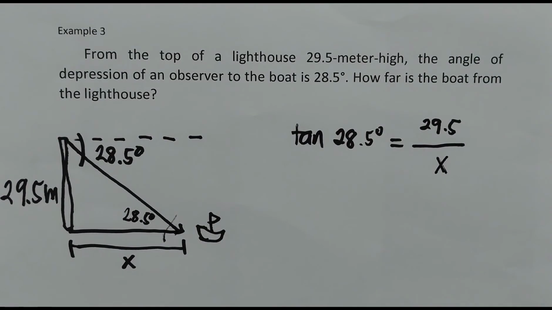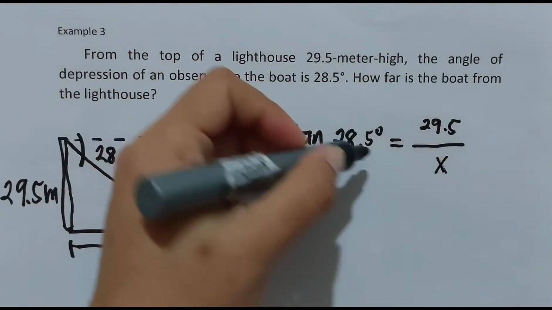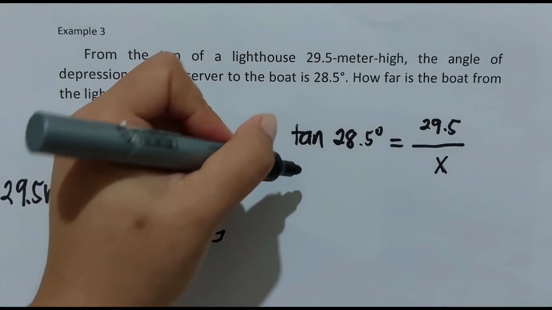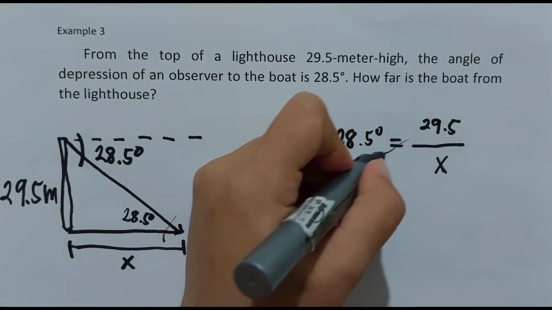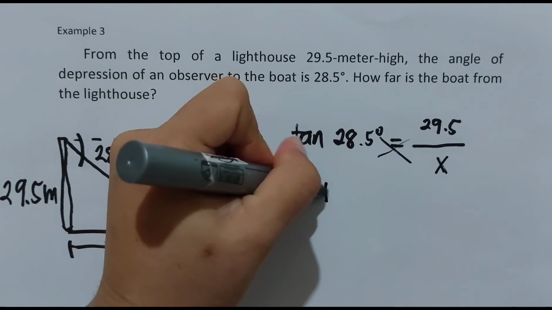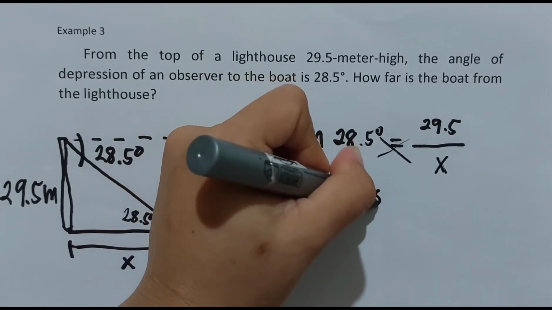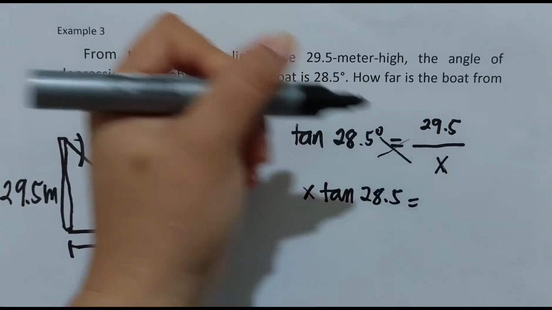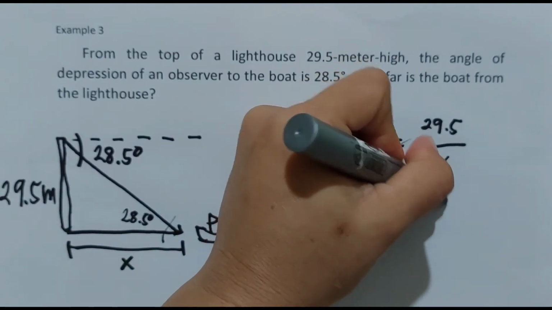Since we're going to solve for x, what we do next is cross multiply, with tangent understood over 1. So that would be x times tangent 28.5 is equal to 29.5.